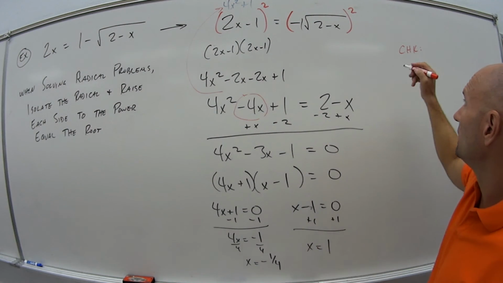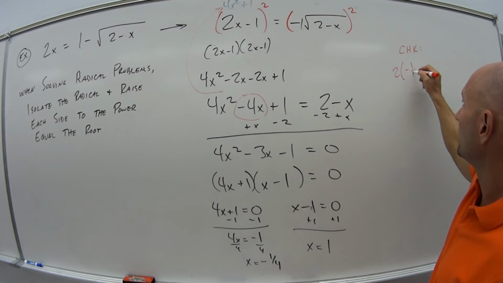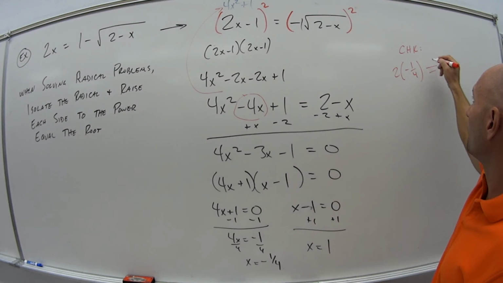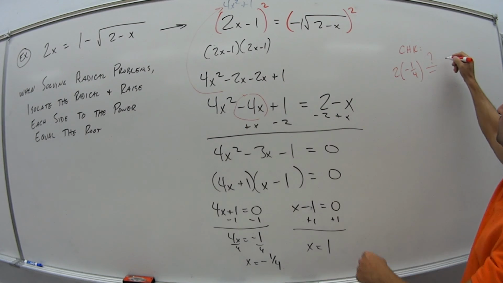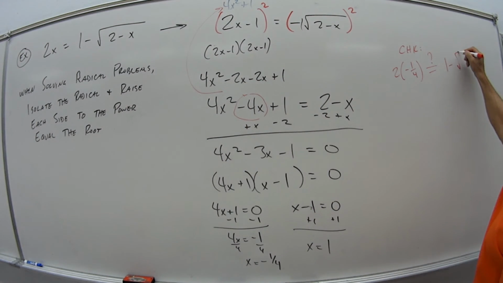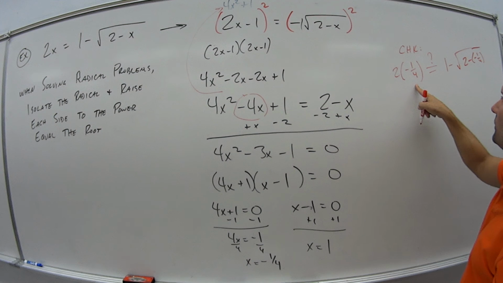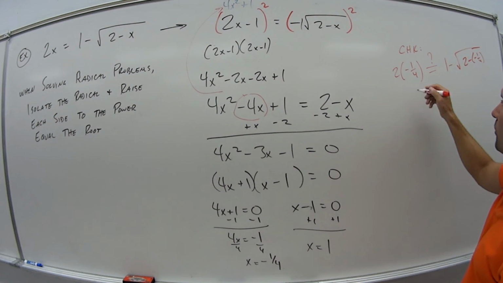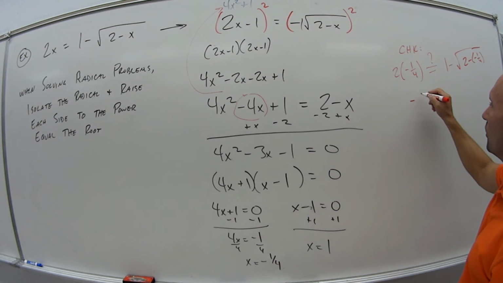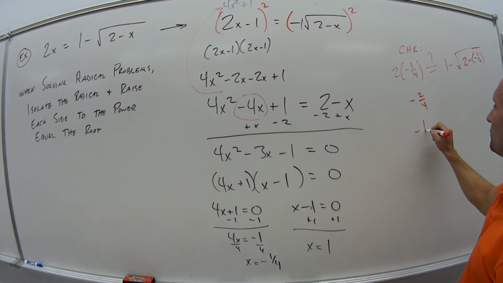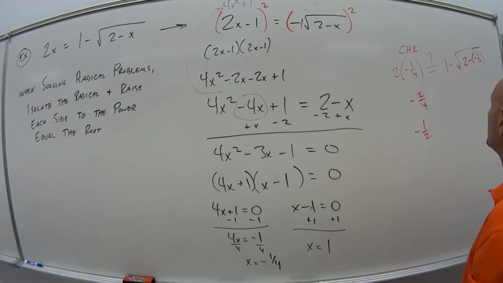So here if I plug in -1/4, I get 2 times -1/4, and I want to know, is this equal to 1 minus the square root of 2 minus 1/4? So this side I get what? 2 times -1/4 is minus 2/4, which is minus 1/2.